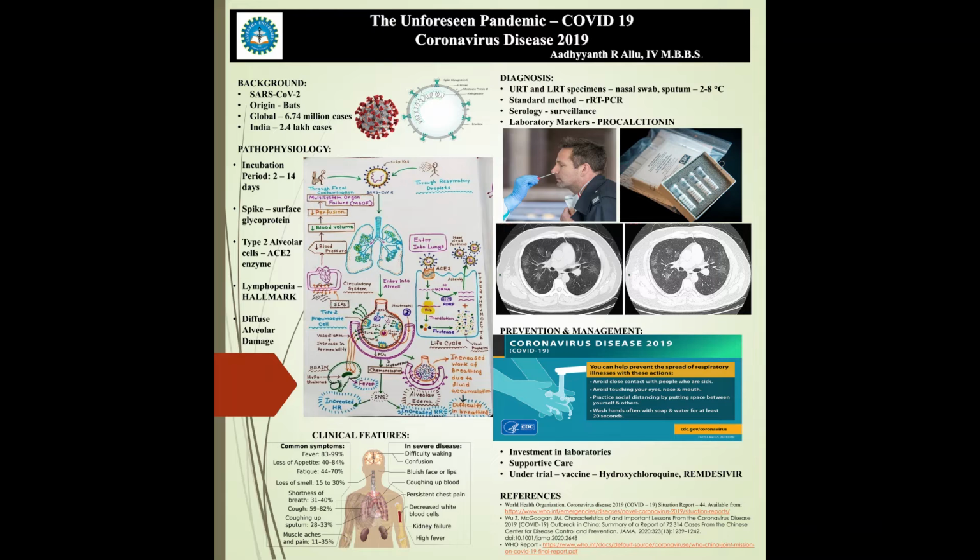The CDC has also recommended the standard diagnostic measure to be real-time reverse transcriptase polymerase chain reaction, that is RT-PCR, for easy and accessible diagnosis, and serological techniques to detect IgG and IgM antibodies to be preserved strictly only for epidemiological and surveillance purposes.